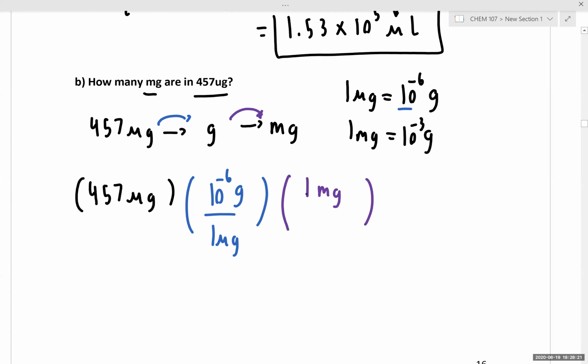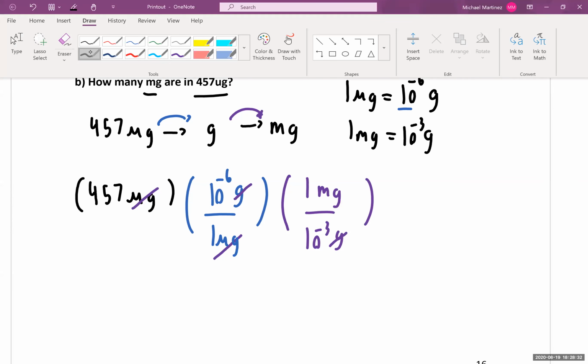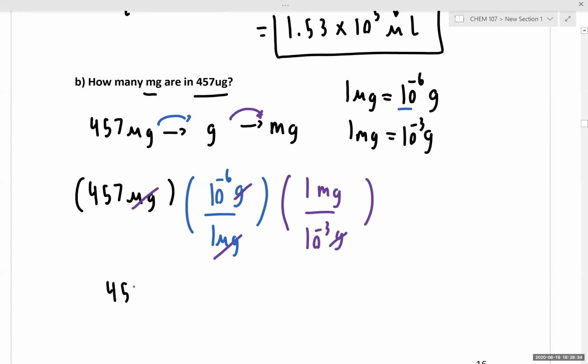Milligrams are on top. So we have 1 milligram for every 10 to the negative 3rd gram. Micrograms cancel, grams cancel, and that in turn gives us 457 times 10 to the negative 6th times 1 over 10 to the negative 3rd milligrams.